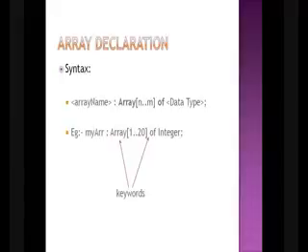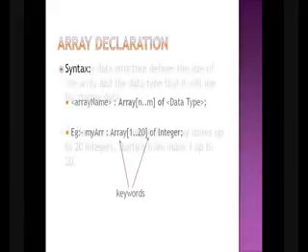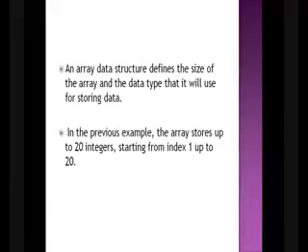Then it is followed by the keyword of, and the declaration ends with the array type followed by a semicolon. An array data structure defines the size of the array, and the data type that it will use for storing data. In the previous example, the array stores up to 20 integers, starting from index 1 up to 20.